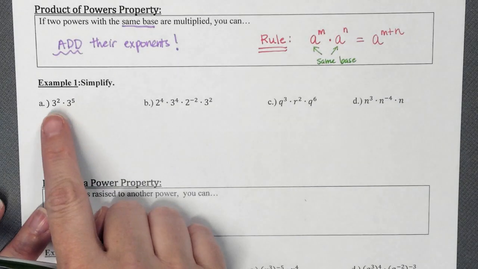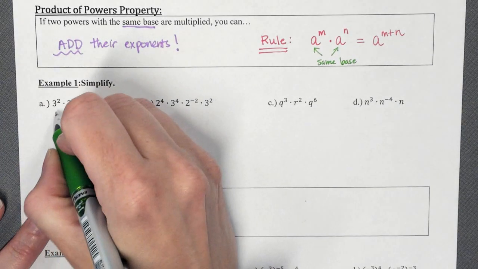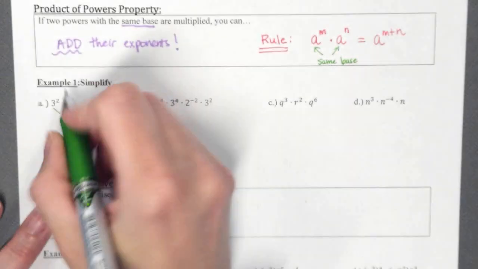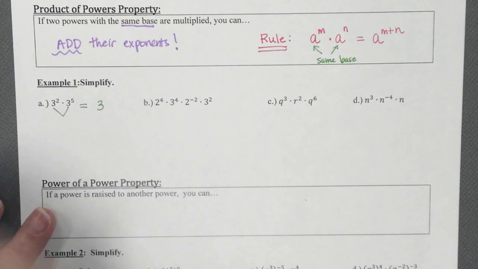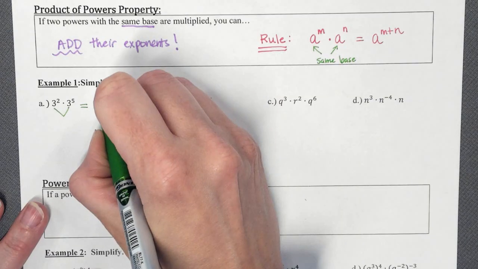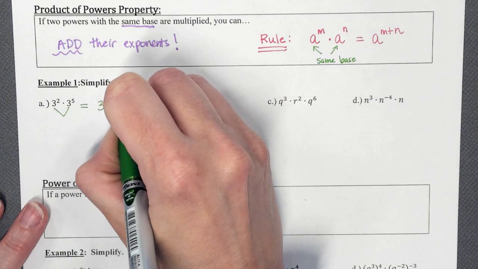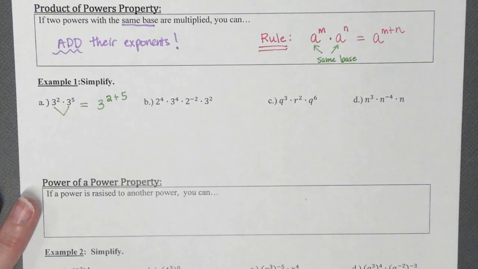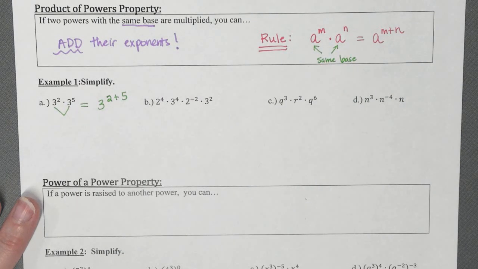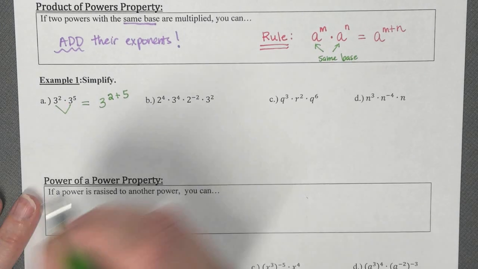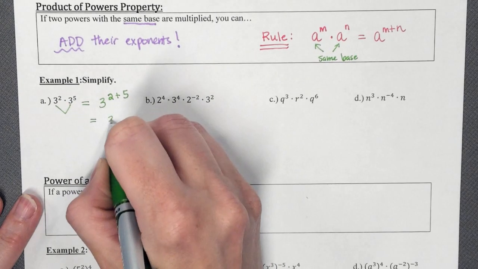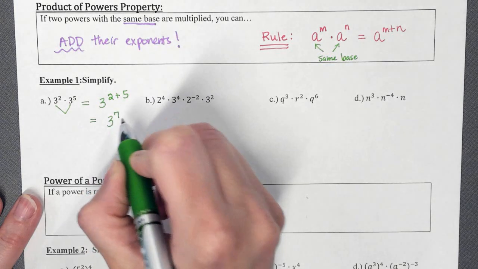So here, this is the part that people get confused a lot. If it's the same base, you keep your base as 3, but what you're going to do is make it 2 plus 5. So 2 plus 5 is going to be what? 7, so your answer is going to be 3 to the 7th.